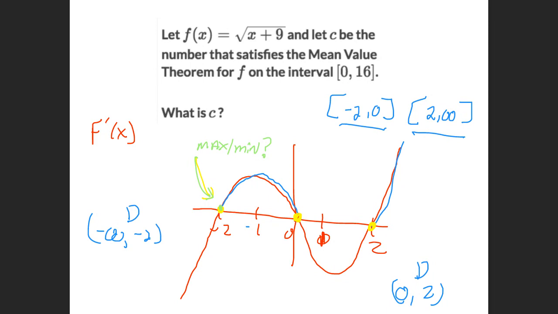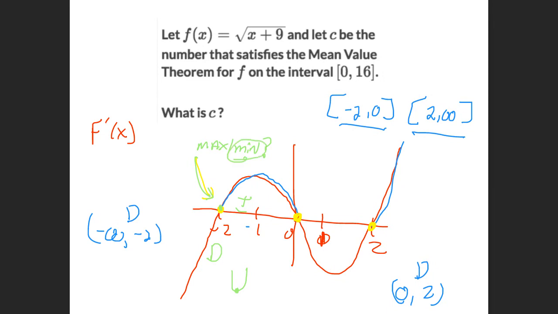Well, what is this derivative doing? It's decreasing, then it's increasing. So if a function decreases and then increases, is that value a minimum or a maximum? That is a minimum value.